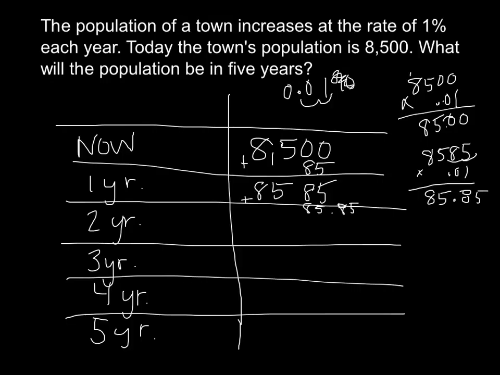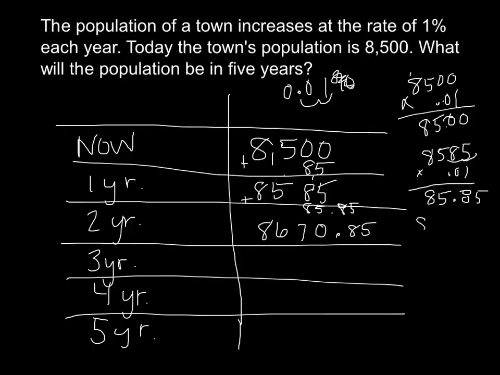I'm going to get 0.85. 5 plus 5 is 10. 16, 17. 6, 8. So now, after 2 years, the population is 8,670.85. I don't know how you have 0.85 of a person, but we're going to keep those numbers in there because it will impact our final answer.